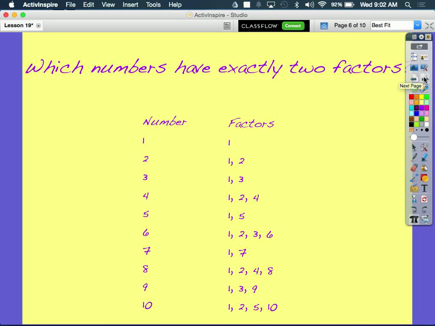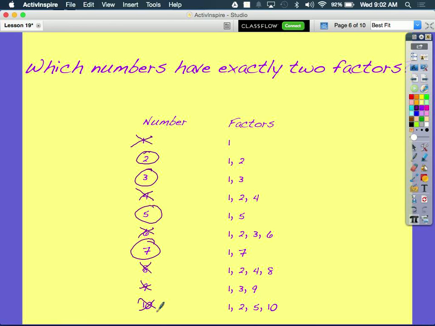Okay. Now, looking at numbers 1 through 10, which numbers have exactly 2 factors? Well, I look at 1 has 1 factor, so it's not that. Okay, look at 2 has 2 factors, 3 has 2 factors, 4 has 3, so not that one, 5 has 2, 7 has 2, and then that's it there.